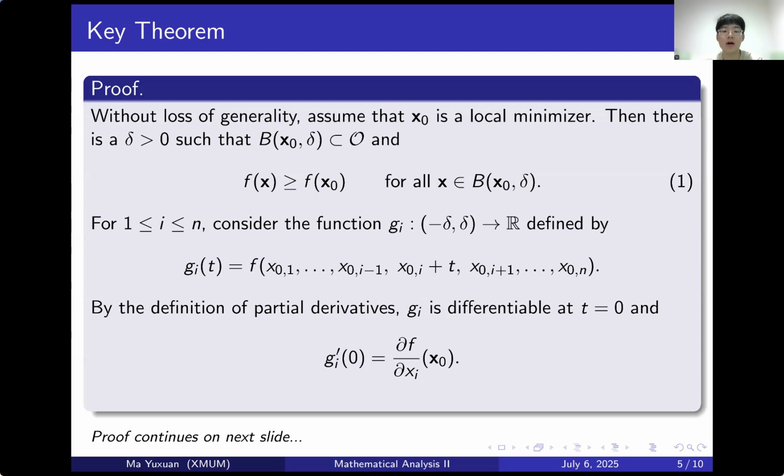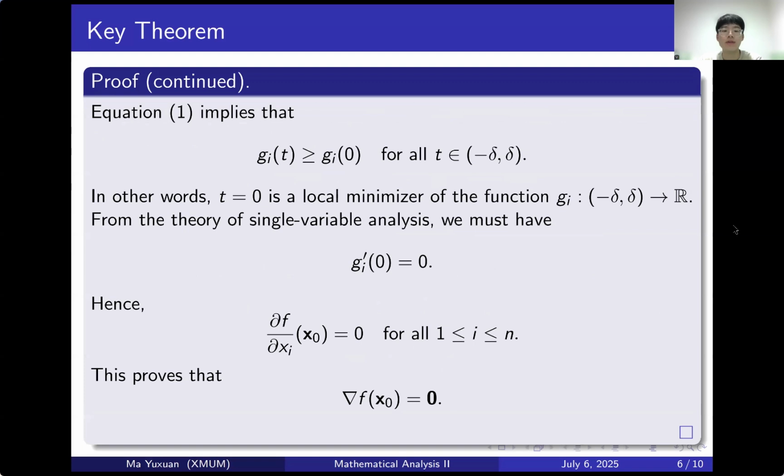It tracks how f behaves just in the direction of the ith coordinate, holding everything else constant. By the definition of the partial derivative, we know that g_i is differentiable at t equal to 0, and g_i prime of 0 equals the partial derivative of f with respect to x_i at x0.